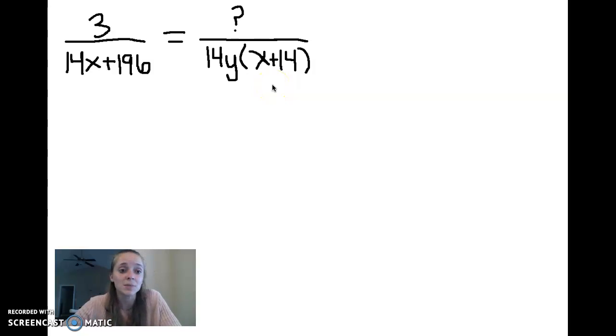And so what we would probably do here is say, okay, 14 is 2 times 7. Does 196 have factors of 2 and 7? Does it have a factor of 14 in it? What can I factor out of both of the terms?